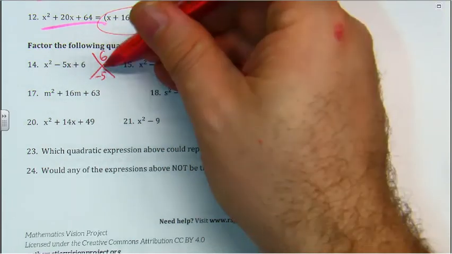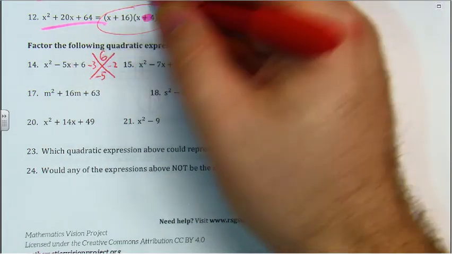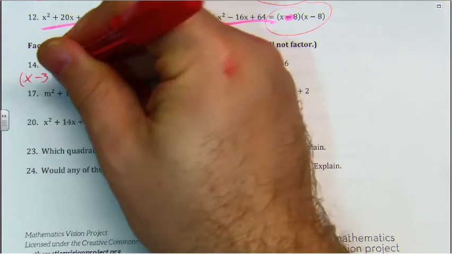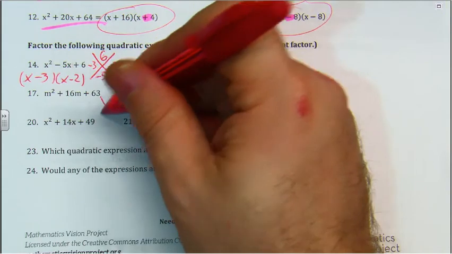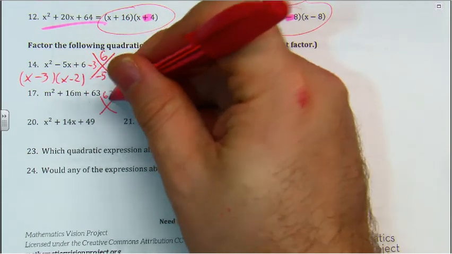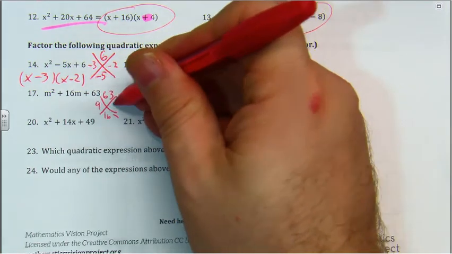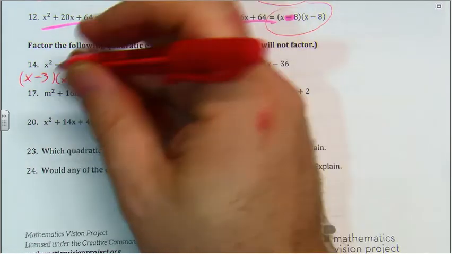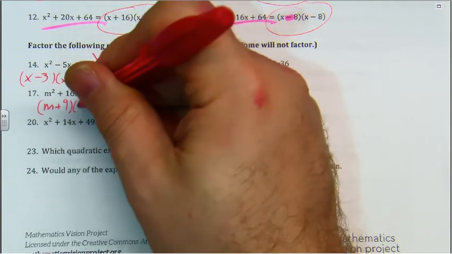So what two numbers multiply to c but add to b? Well, it's going to be negative 3 and negative 2. So x minus 3, x minus 2. Same here. 63, so it's got to multiply to 63 but add to 16. What multiplies to 63? That's 9 and 7. Do those add to 16? You betcha. m plus 9, m plus 7.